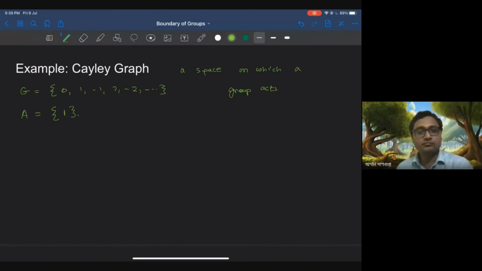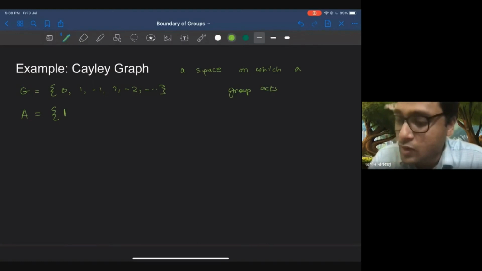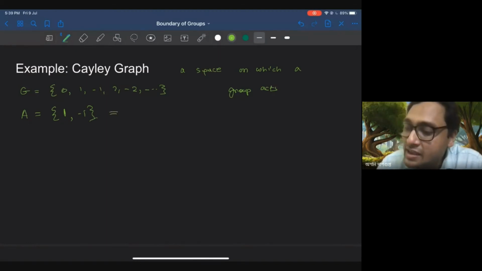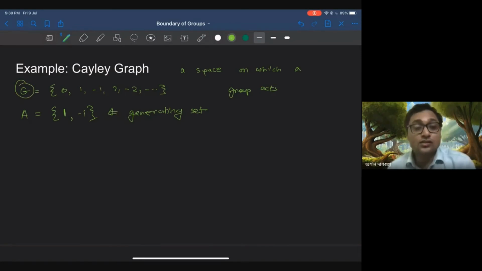In fact, I could probably make it a symmetric generating set, 1 and minus 1. So I take this set A, which you can check as an exercise is a generating set of G.